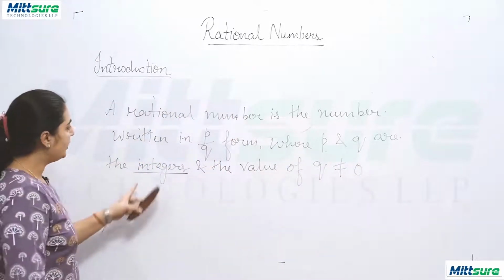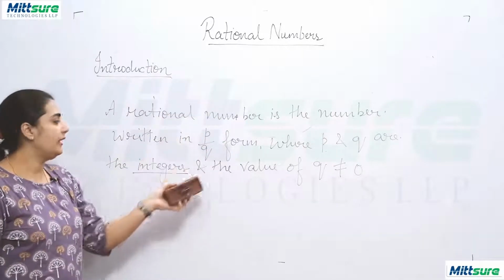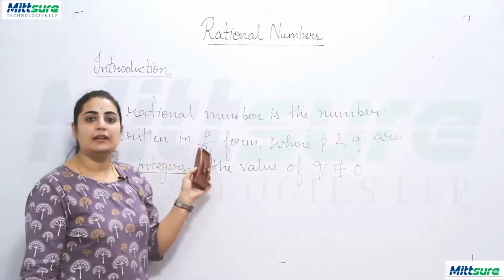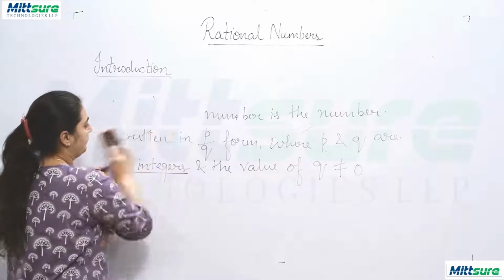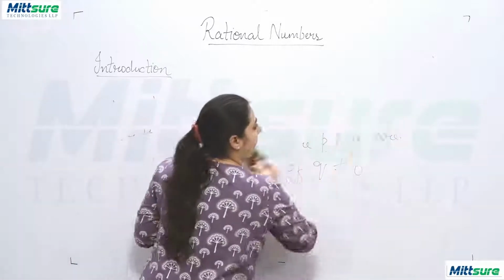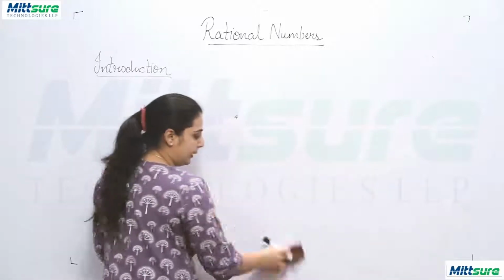Because if the denominator becomes 0, then the entire rational number will not be defined. So this was the definition of the rational number.